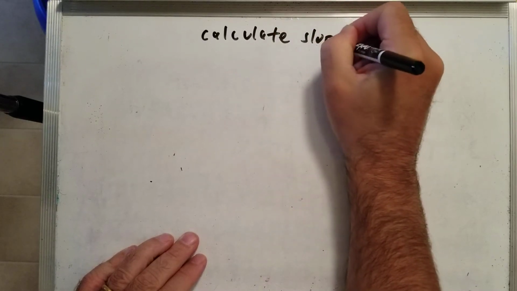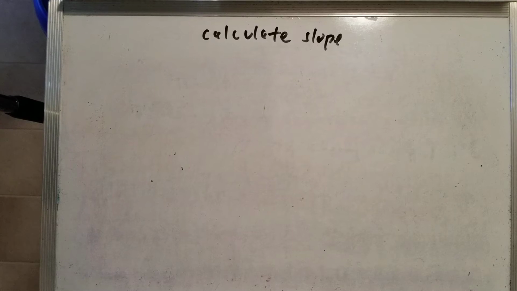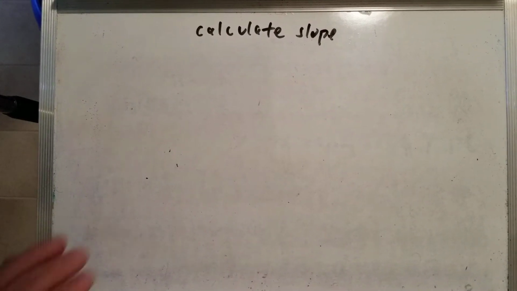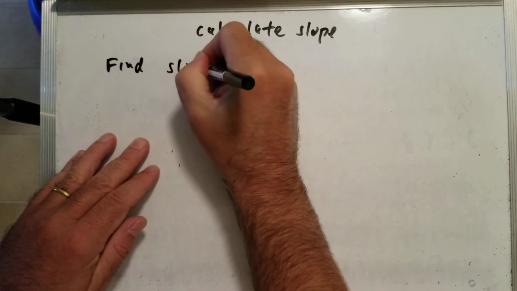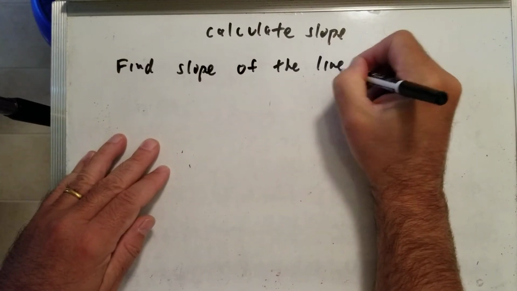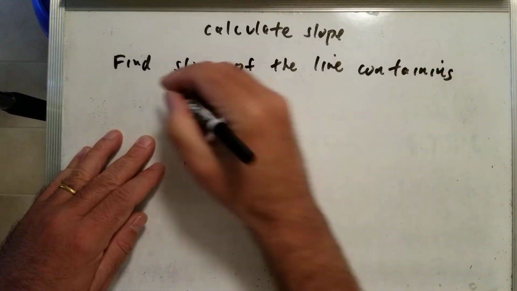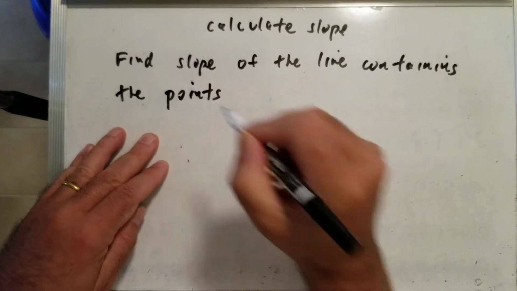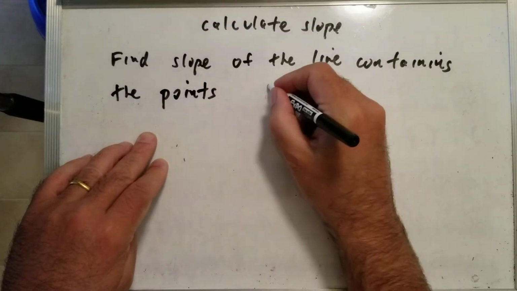I'm going to take an example very similar to one in the homework. This is actually number 6 in the homework. Find the slope of the line containing the points, and I'm looking in the book now, how about negative 5, 2, and 5, 3?